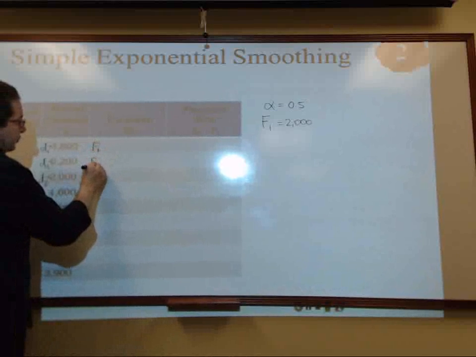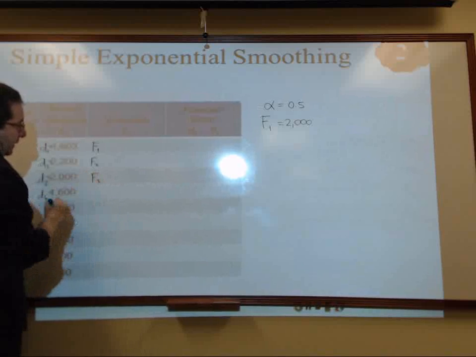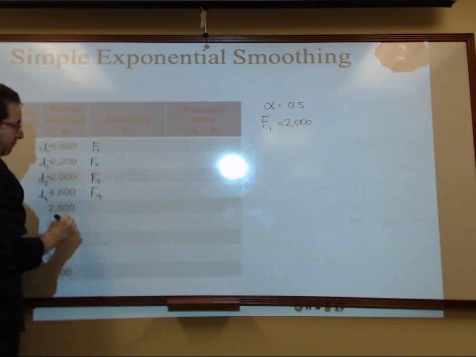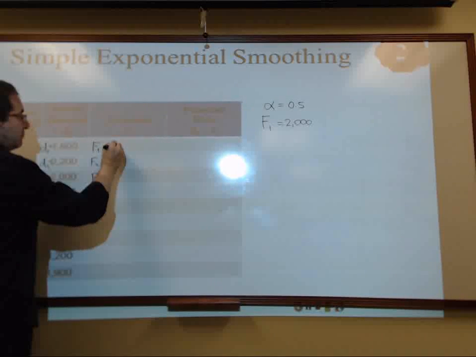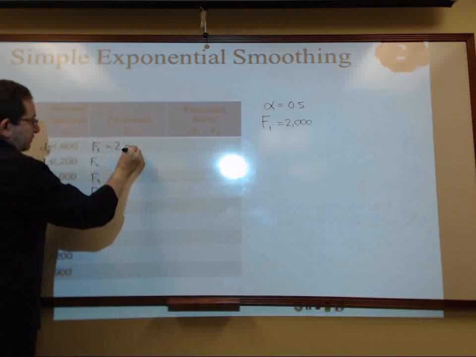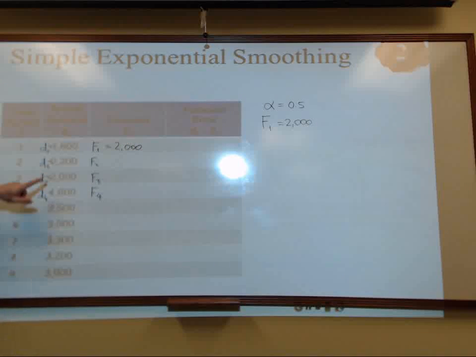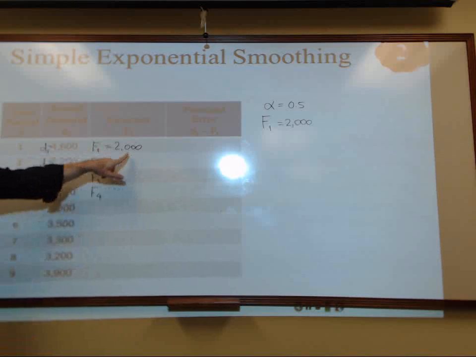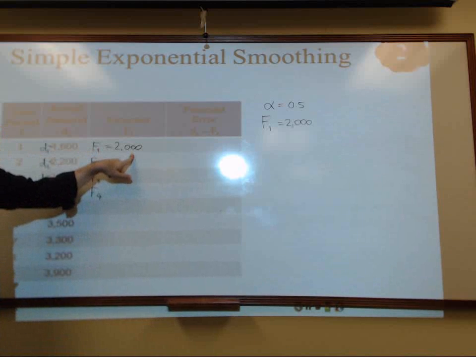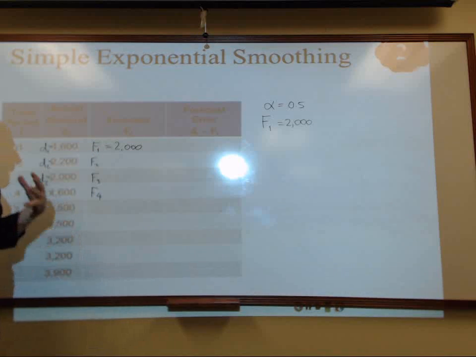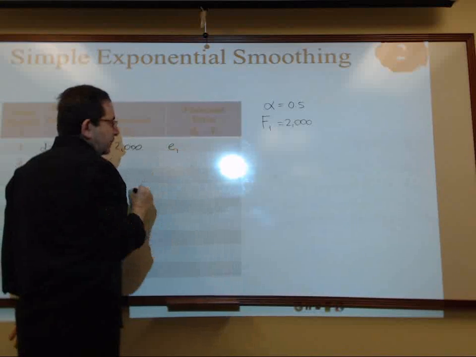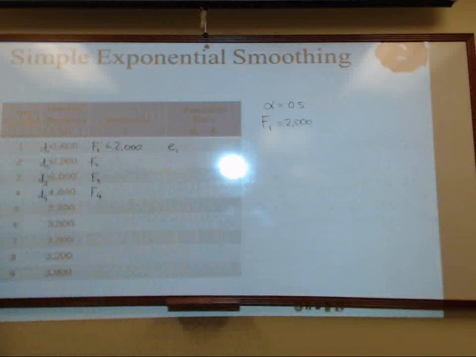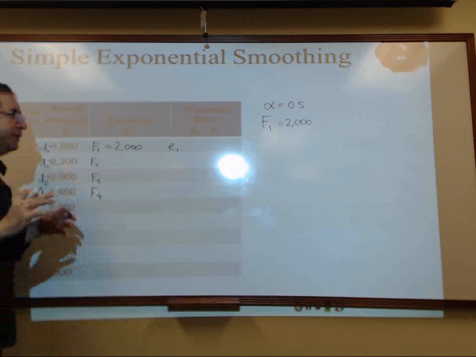This is F2. This is F3. This is F4. So I'm given F1. It's 2,000. Demand for period 1 is 1,600. Forecast for period 1 is 2,000. What can I do now? I can calculate the error for period 1. How far off am I in period 1?